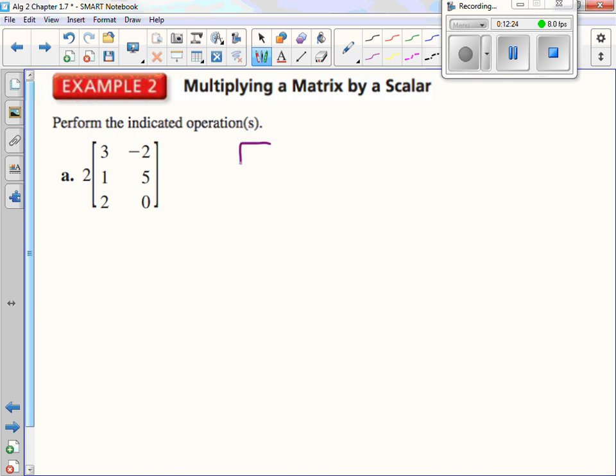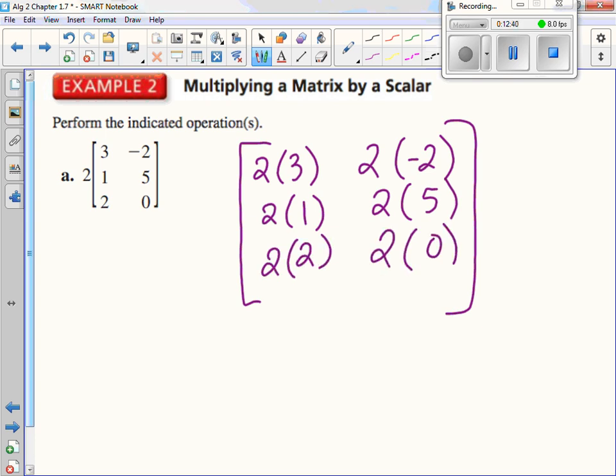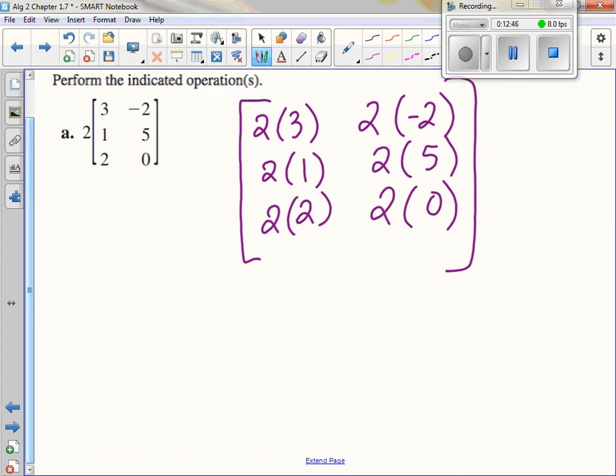So that means I'm going to have 2 times 3, and 2 times the next number. Then I'm going to have 2 times, and 2 times. Then 2 times 2, and 2 times the last number. So what is 2 times 3?